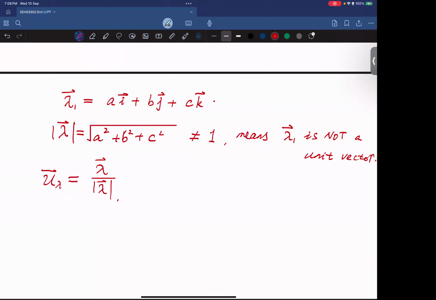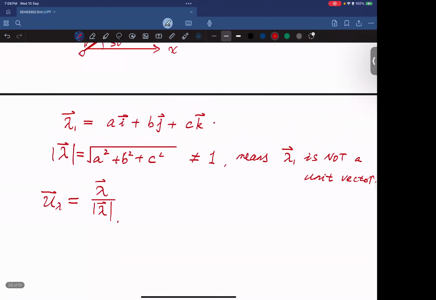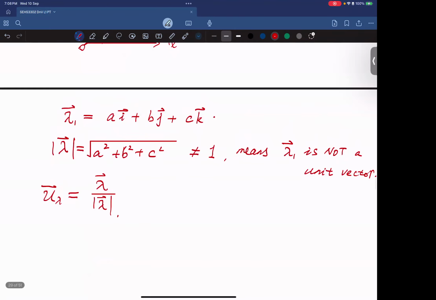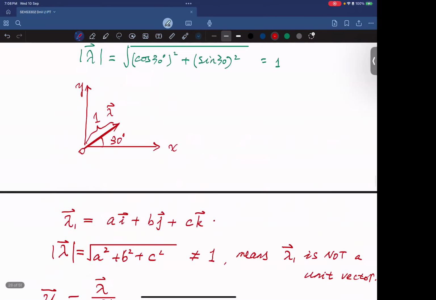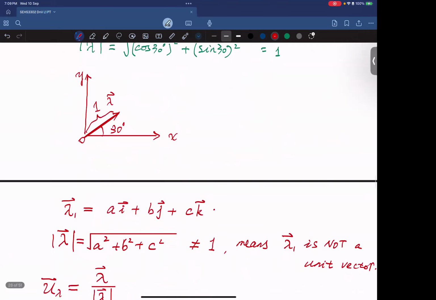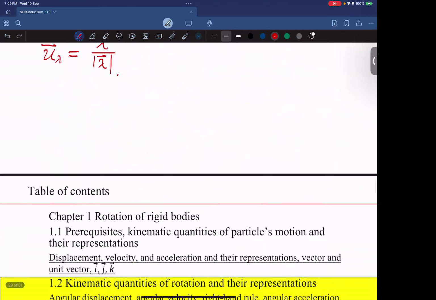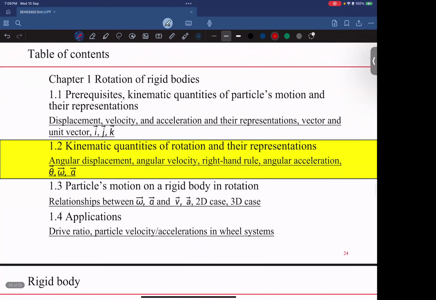So later we will use this method to find the univector for a specific direction. Okay, this is what we did last lecture, and this lecture we continue on the rigid bodies motion, and later we link up the rigid bodies motion to the particles motion.